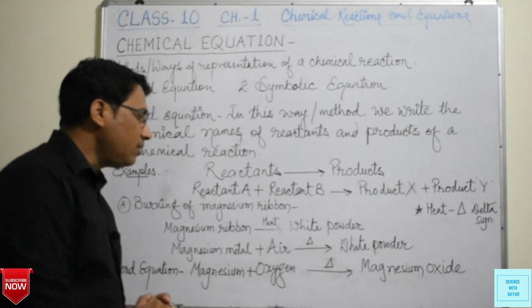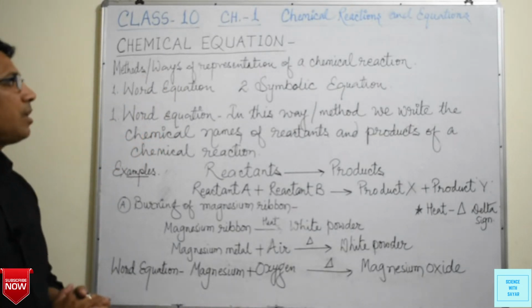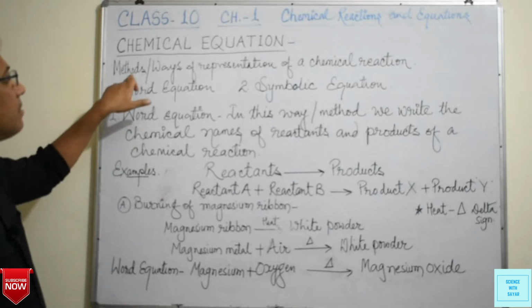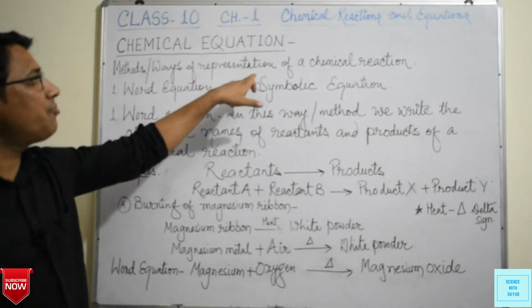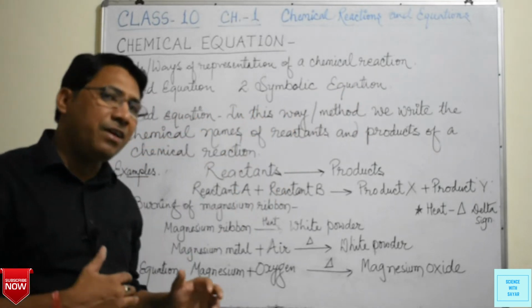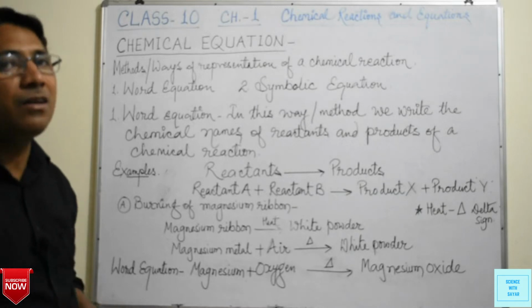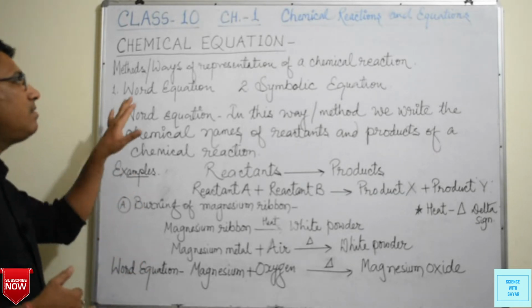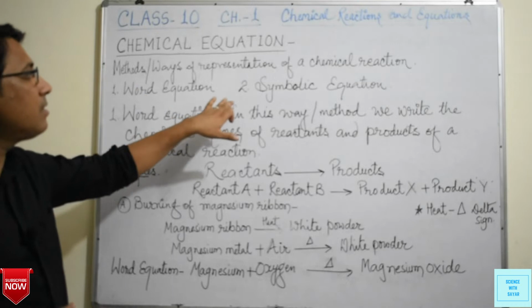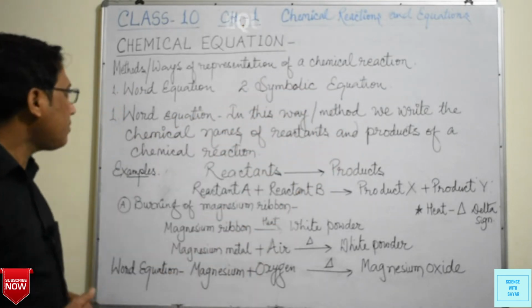These chemical equations are of two types. It means the methods or ways by which we can represent a chemical reaction are two. One is word equation and the second is symbolic equation.